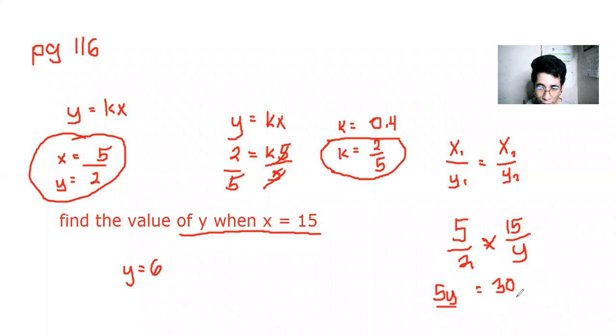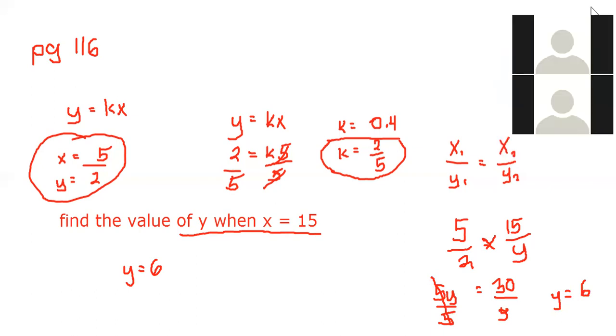Then divide both sides by 5. Cancel 5, 30 over 5, so we get y is equal to 6. We did not need to get the value of k, and we used only one formula. In this scenario, we just do cross multiplication. It's up to you which formula you use, because in the exam, there is only one correct answer.